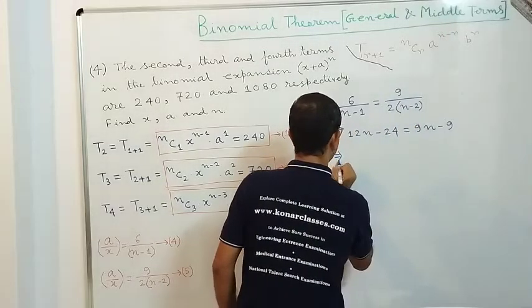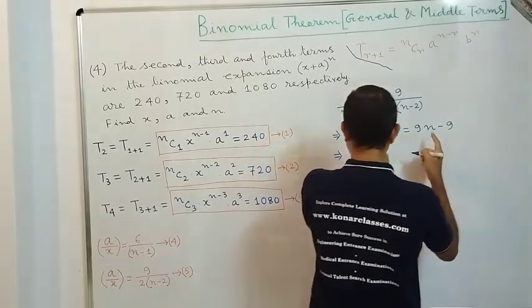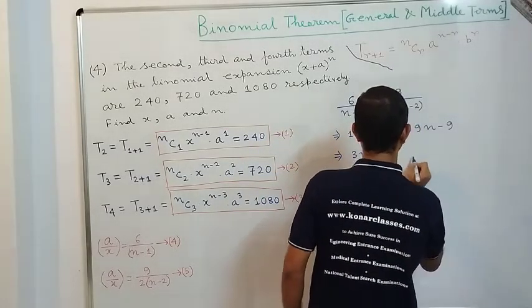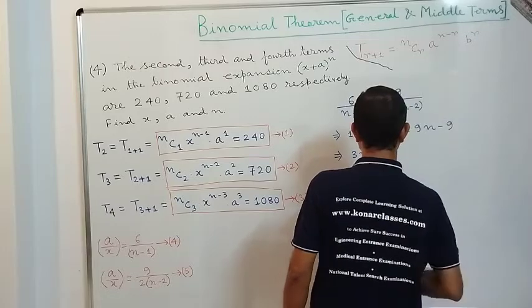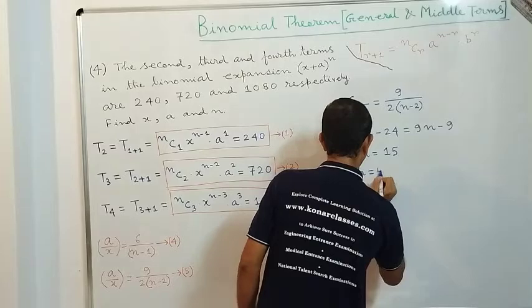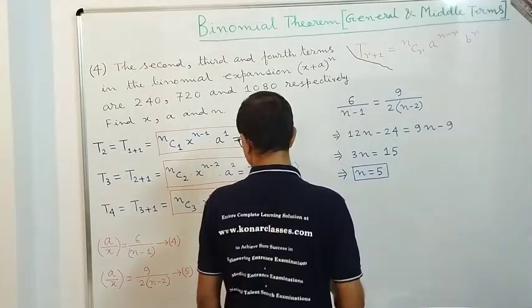So 12n minus 9n becomes 3n, and 3n becomes 15. So from here we get the value of n is equal to 5.